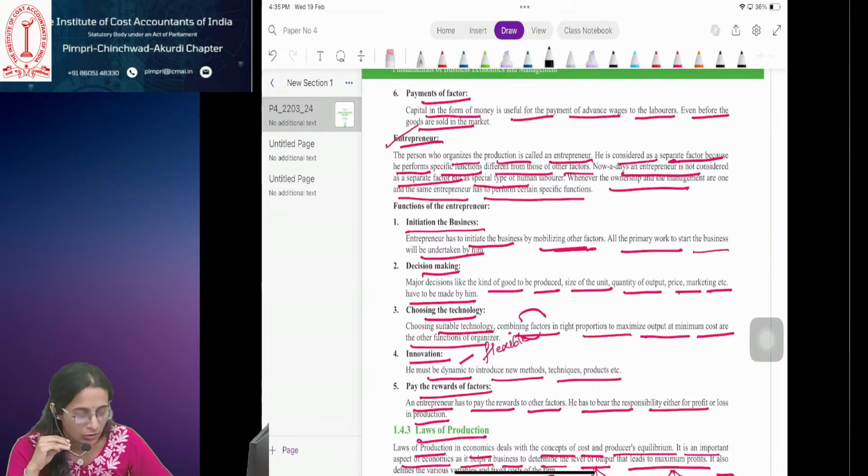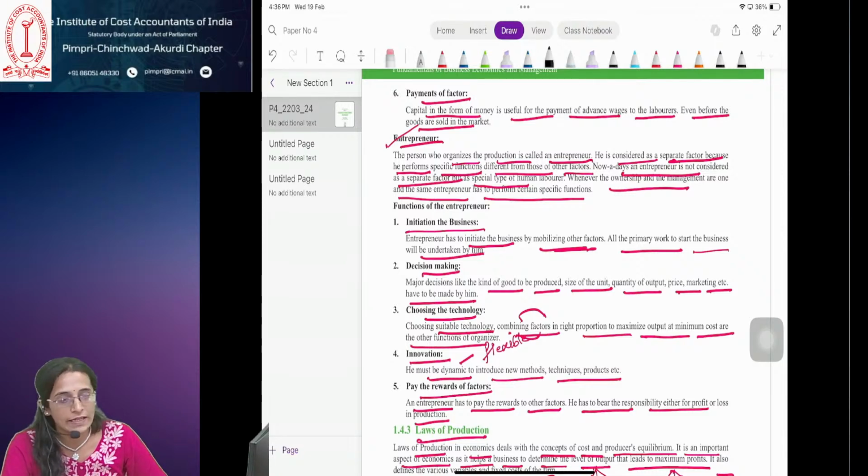Decision making. See, we discussed, right? If the entrepreneur and the management of the business are one and the same, who will be the sole decision maker? The entrepreneur only. He will be deciding because he is the person who is investing the capital. He is the person who will be bearing the loss or the profit.